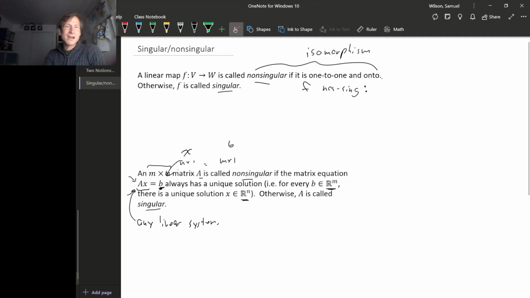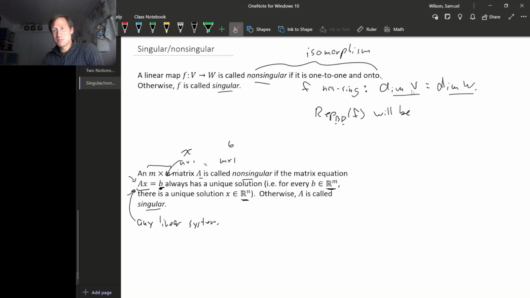First of all, F is from V to W, so if F is non-singular, since F is an isomorphism, that means that the dimension of V has to be equal to the dimension of W. So the corresponding matrix, Rep_BD, no matter what bases you choose for V and W, the representing matrix will be square, because it has to have this many rows, but this many columns, but those are the same. So let's call these both n. So it has to be n by n.